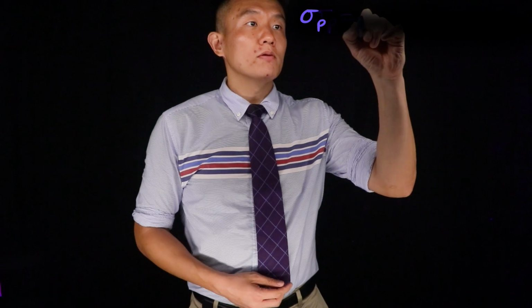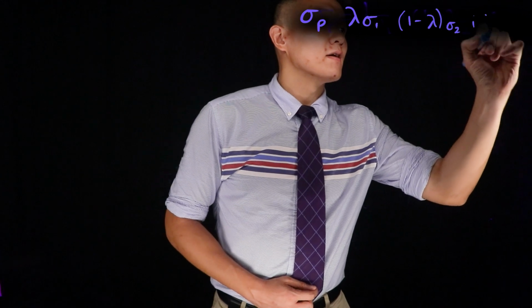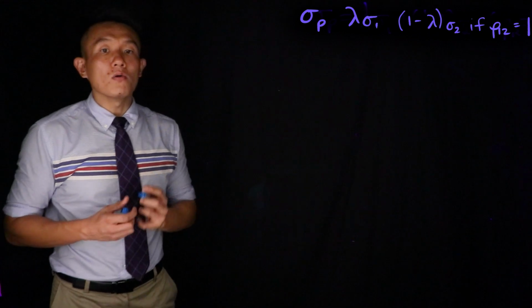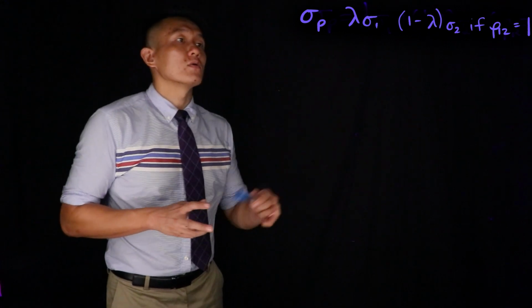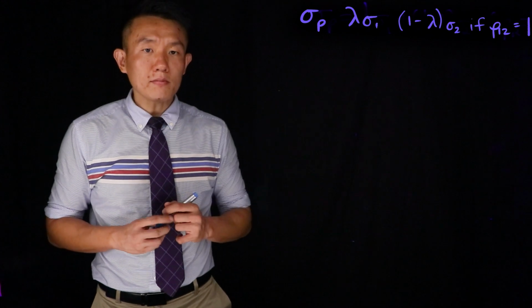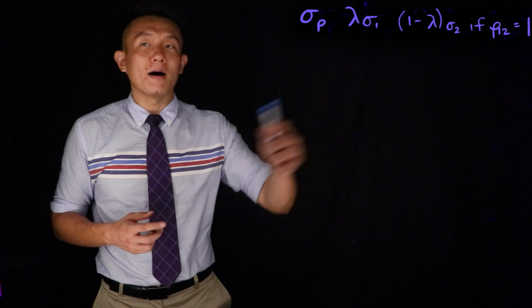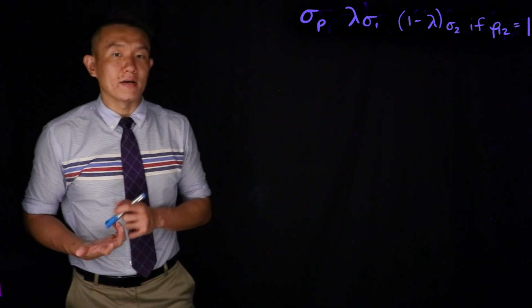What we showed last time was that the portfolio standard deviation was only going to be linear if the correlation was equal to 1. So only if the two stocks are perfectly correlated are you going to have the portfolio standard deviation be a linear combination of the individual stock standard deviations.